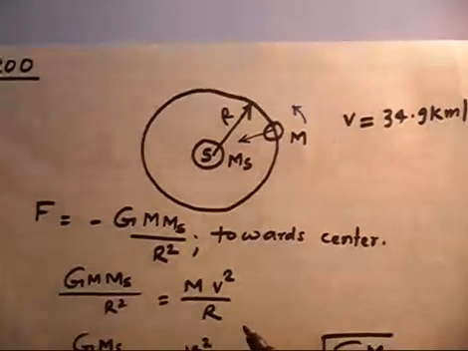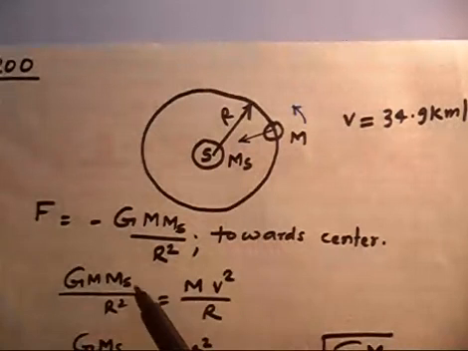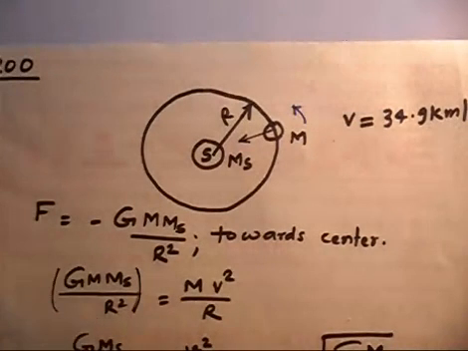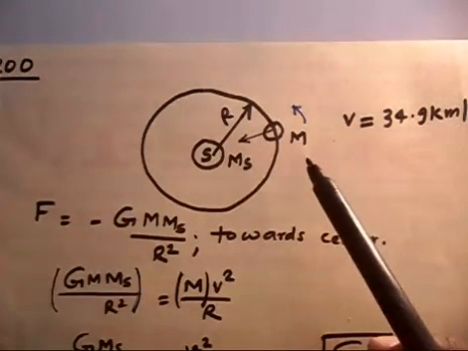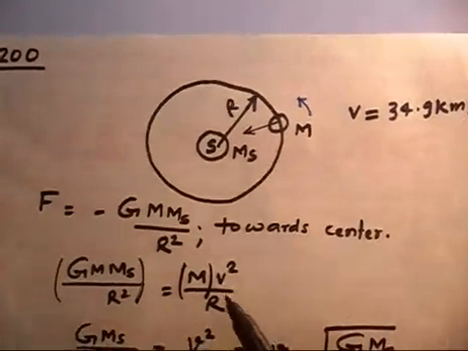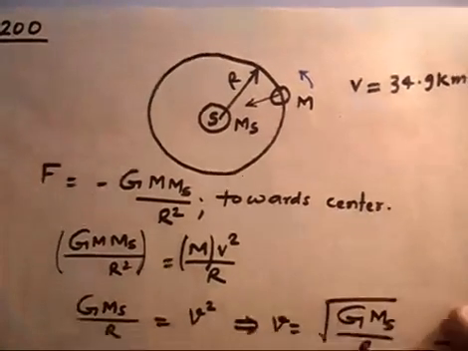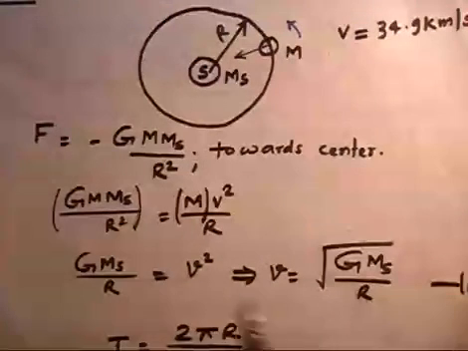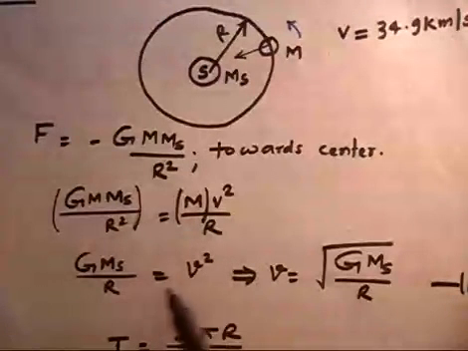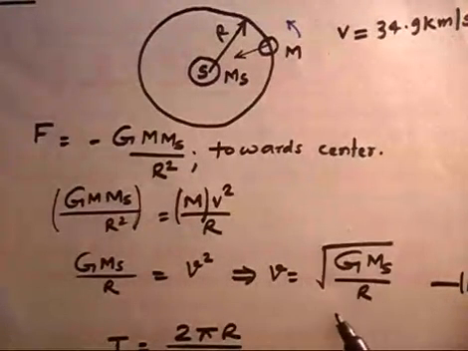If something is moving in a circle, I know the total force towards the center is equal to the mass of the object, that is m, into acceleration. I know acceleration is v square by r. So force is equal to mass into acceleration. From here I can calculate v square; m cancels out, so v square is GMs by r.